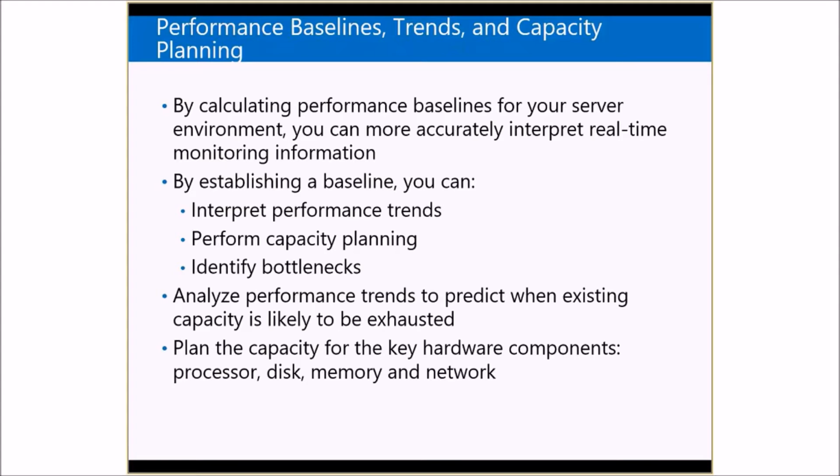Okay, so by establishing baselines, you can interpret performance trends, performance capacity planning, and identify bottlenecks. Okay, if you've never heard the term bottleneck, it's basically what is the slowest thing? What is holding you back? So if you've gone to the football over the weekend, you know that everyone just walks on the main street, but when they get to that footbridge, they all sort of slow down, don't they?